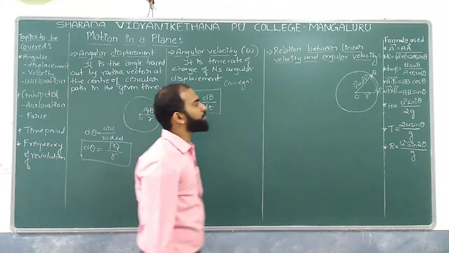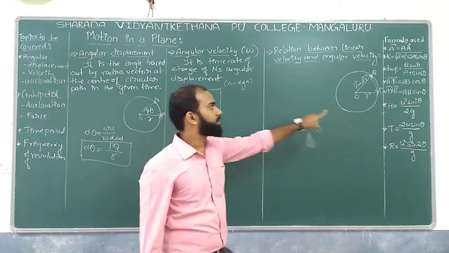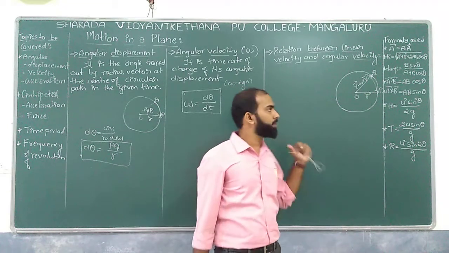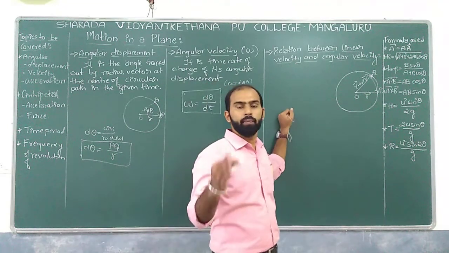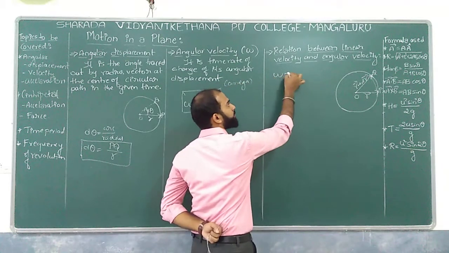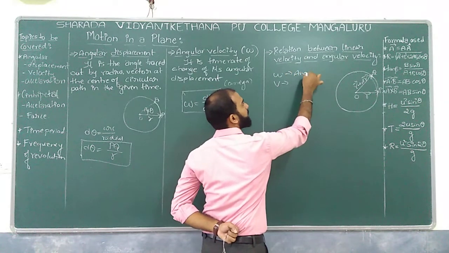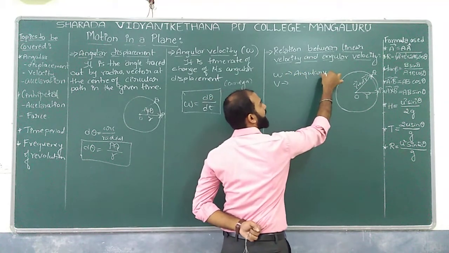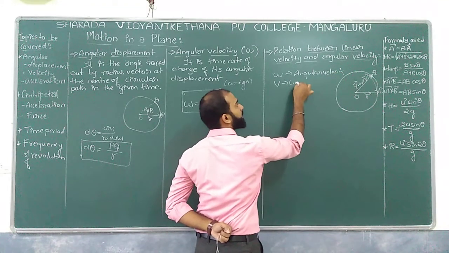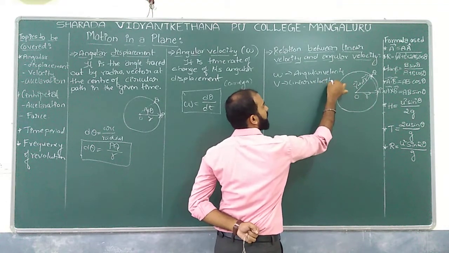Now your job is to get the relation, since this body is in a circular motion as well as a linear motion. Omega is the angular velocity and v is the linear velocity.